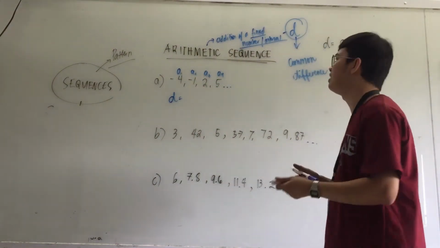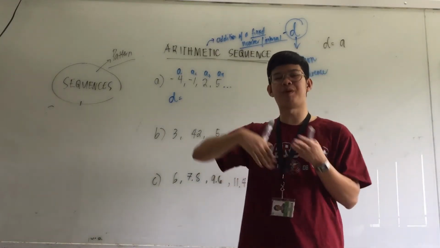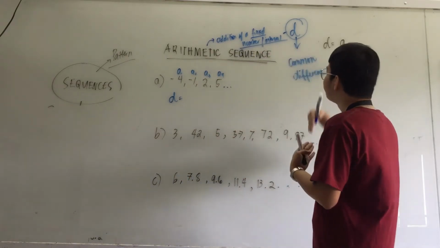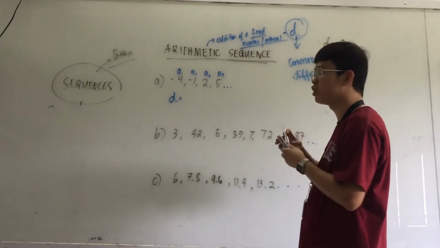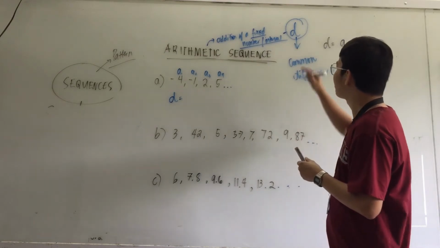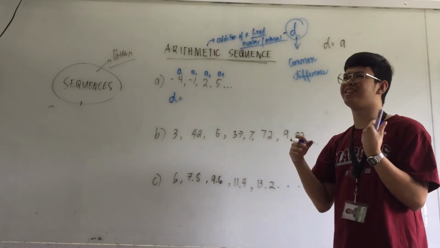In this video, we will be discussing how to spot an arithmetic sequence. Based on our previous discussion, an arithmetic sequence is technically a sequence that includes an addition of a fixed number or an interval, which is called a common difference, or D. Now, sir, how do you get the D?